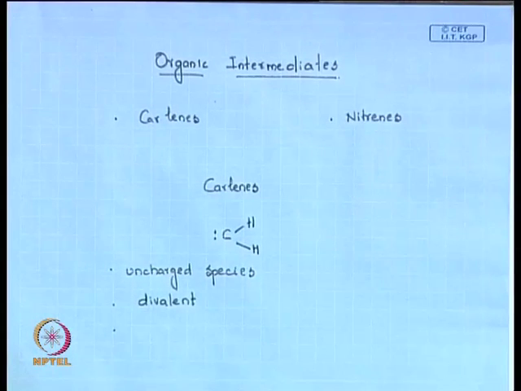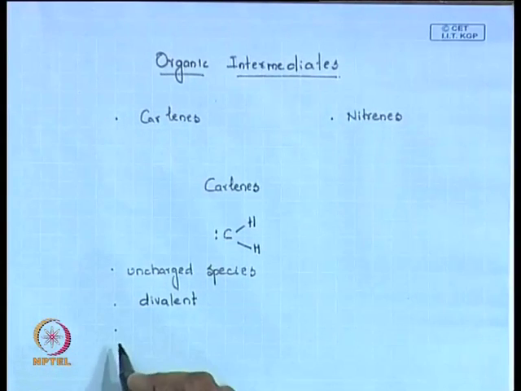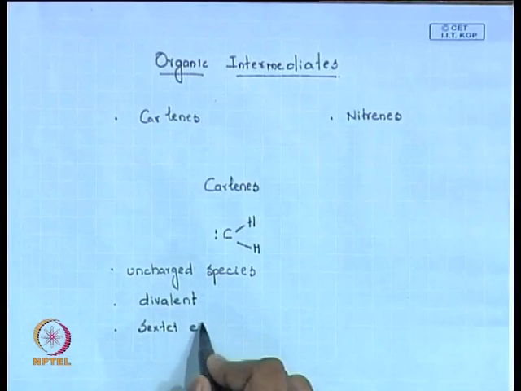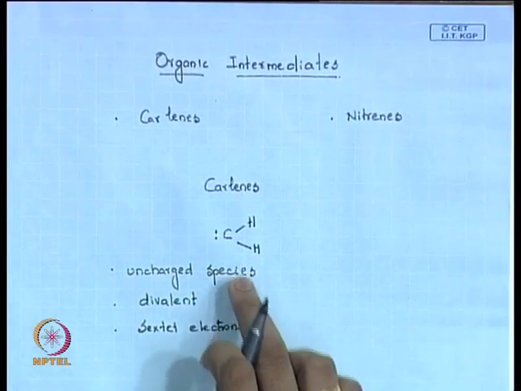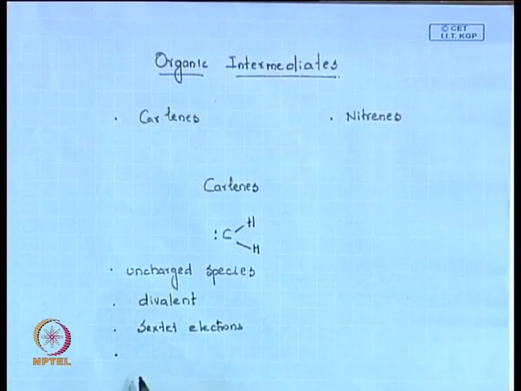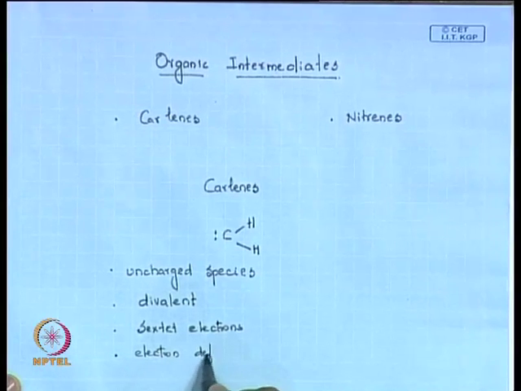Another thing you can say is that the central carbon atom is surrounded by a sextet of electrons, and finally that it is an electron deficient species.